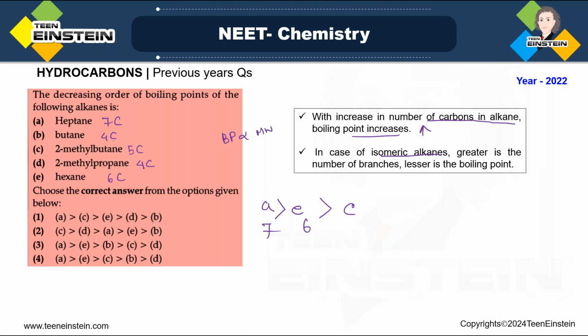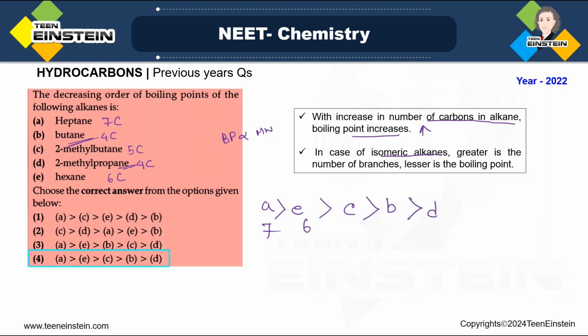And after C, now you are stuck between B and D. Both are 4 carbon. But in which case do you have branching? You have branching in 2-methyl propane. That means it should have the least boiling point. So after E, we have to write B and then D. So it is matching with the last option.